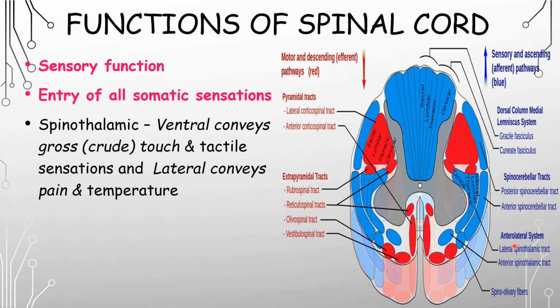The ventral or anterior spinothalamic tract conveys crude touch and tactile sensation. The lateral spinothalamic tract conveys pain and temperature. And there is another column which is called the dorsal column, or posterior column.